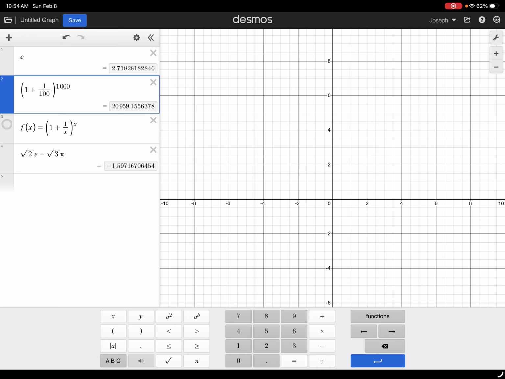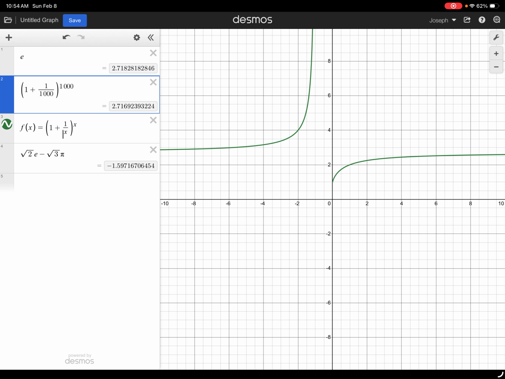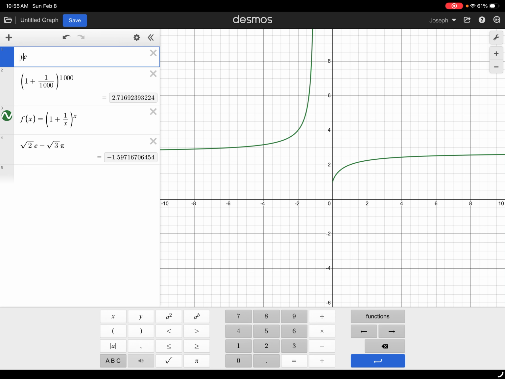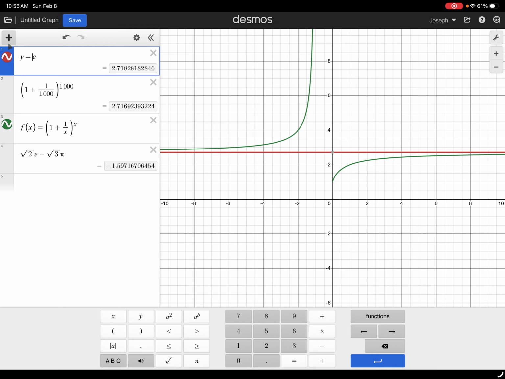Oh man, there. Now it's pretty close, right? So what we need to look at is the limit. Put the biggest number possible, but we can't put infinity. That's not a number. But we can graph a function and then just look really far to the right. Here's the function. If you go really far to the right for bigger and bigger values, you're going to see that it approaches e. y equals e. See how it gets closer and closer? That's how we can define it.